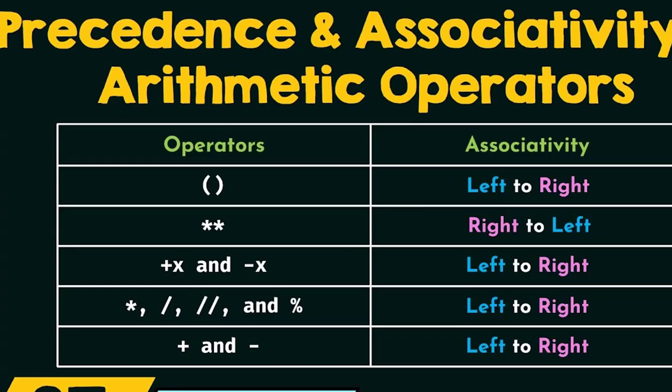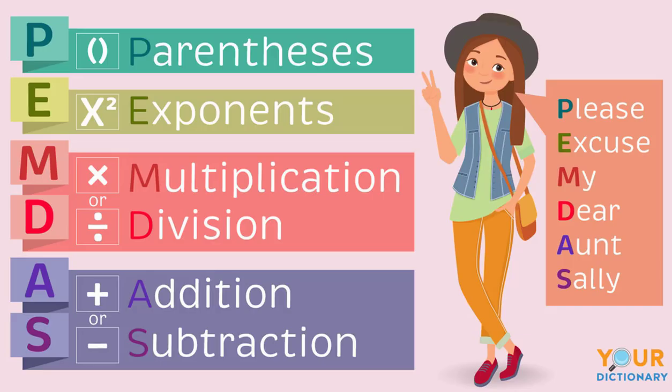By the way, it's important to note that operator precedence matters very much. Operator precedence describes the order in which operations are performed. This is basically like the rule PEMDAS: parentheses, exponents, multiplication, division, addition, and subtraction, if you remember that rule from mathematics.